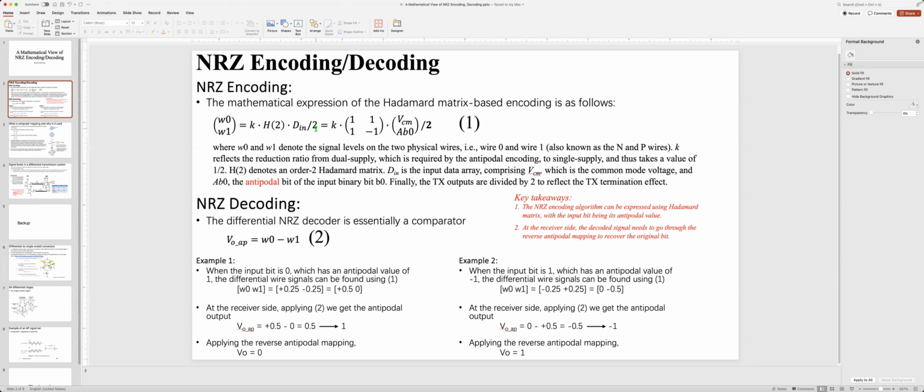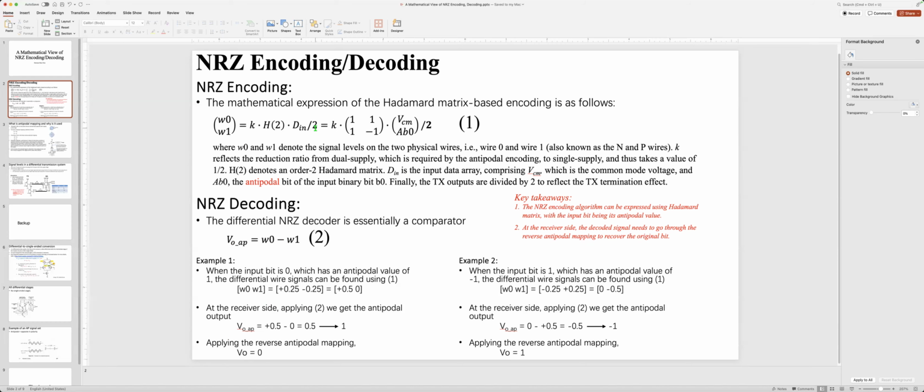With a perfect match, the amplitude will be halved, which means if the power supply of the transmitter is 1 volt, and we ignore the voltage drop inside the driver, inside the upper arm and the lower arm, assuming the voltage drop in both arms to be 0, then we have an ideal output swing of 1 volt, single-ended.